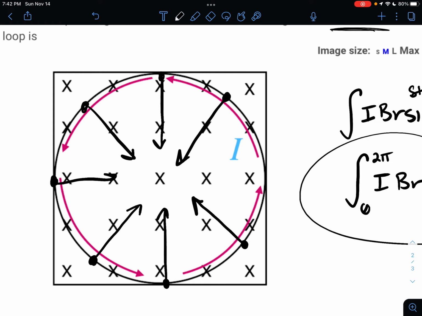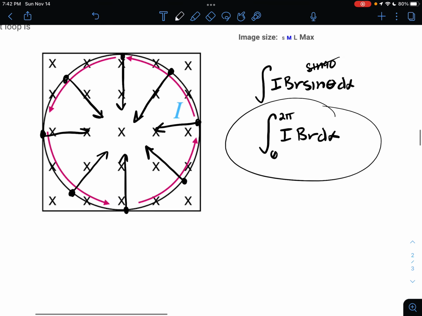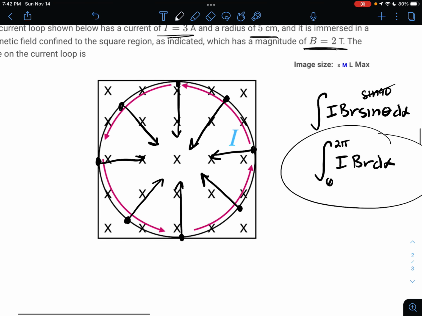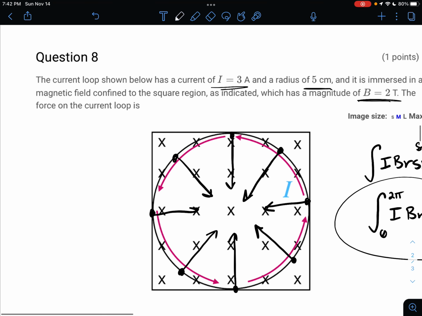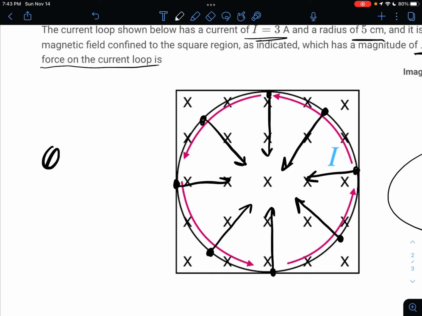So if we sum all these together, it's the same thing as when we were finding symmetries of our electric field. The total net force on the current loop is going to be 0, because it's totally immersed. That's going to give us our 0 newtons.